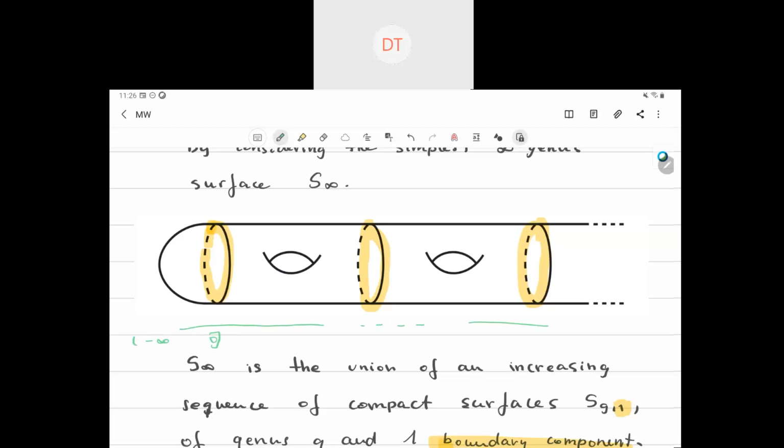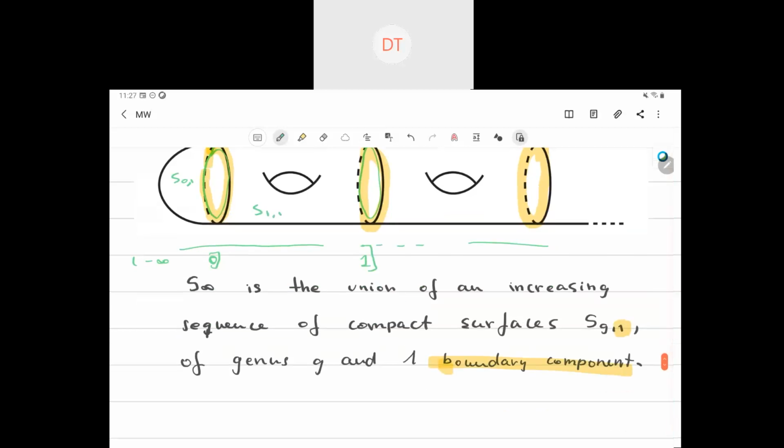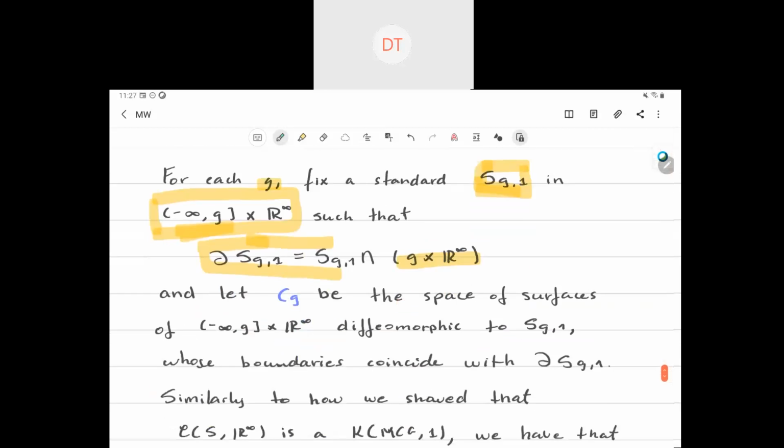We see that the model S_0 that we picked has its boundary living on 0 cross R infinity. And then the next model S_1,1, its boundary, if we cut here and say that this is 1, lies in 1 cross R infinity, and so on. So that's just describing this construction.